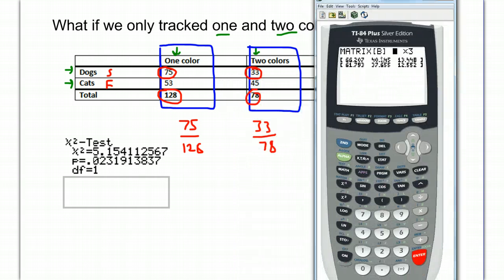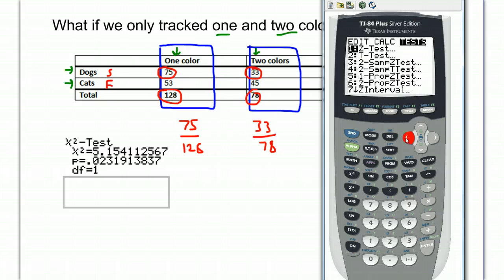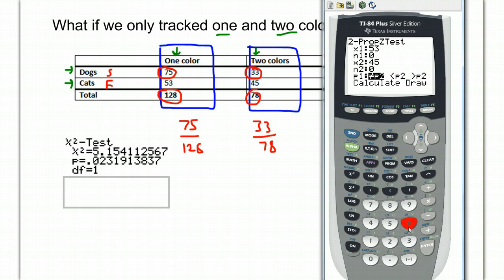And the thing that I'm going to do with these values is put them into my 2-prop test. So I go to Stat, Tests, and the 6th one down here, 2-prop z-test is what I'm going to use. So my x1, the numerator, a number of successes, is 75 out of 128.